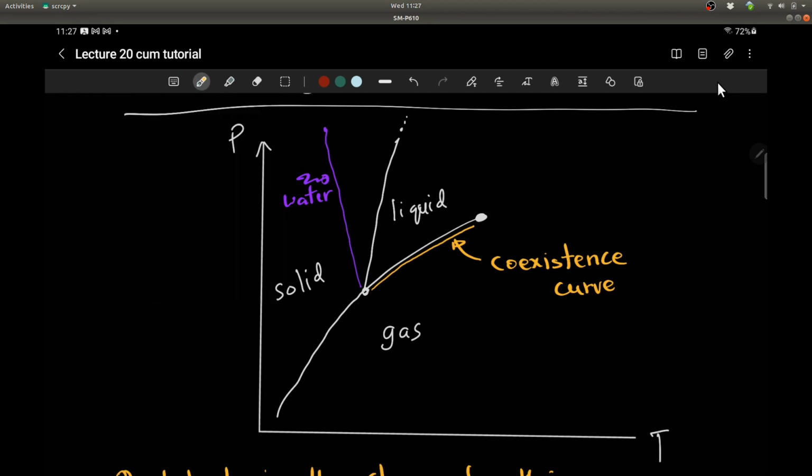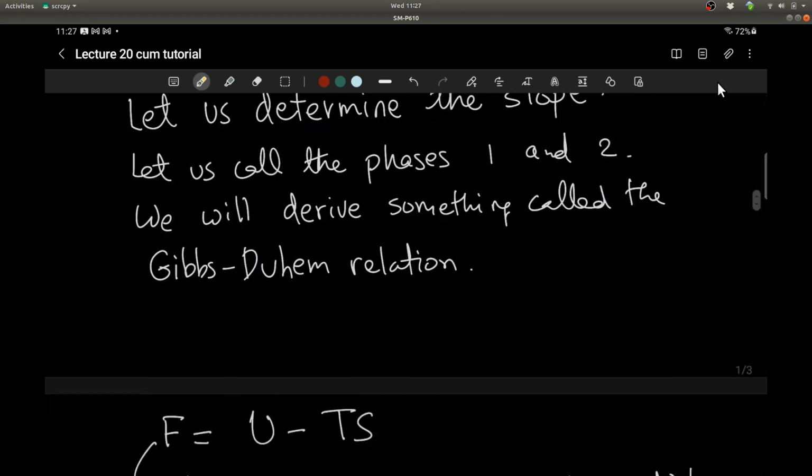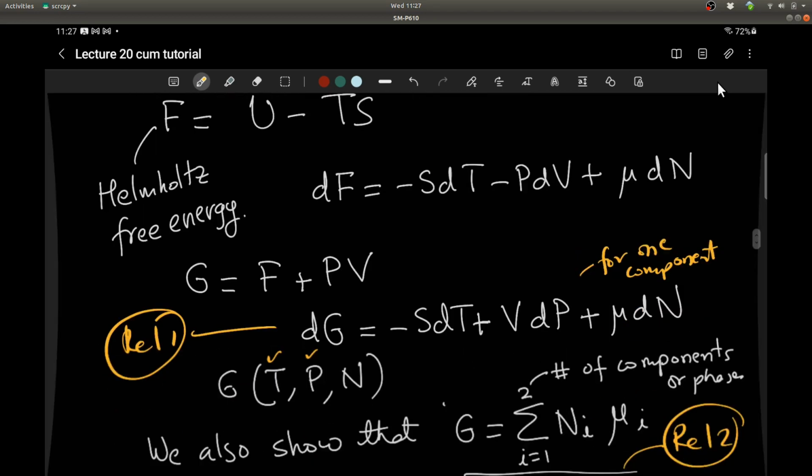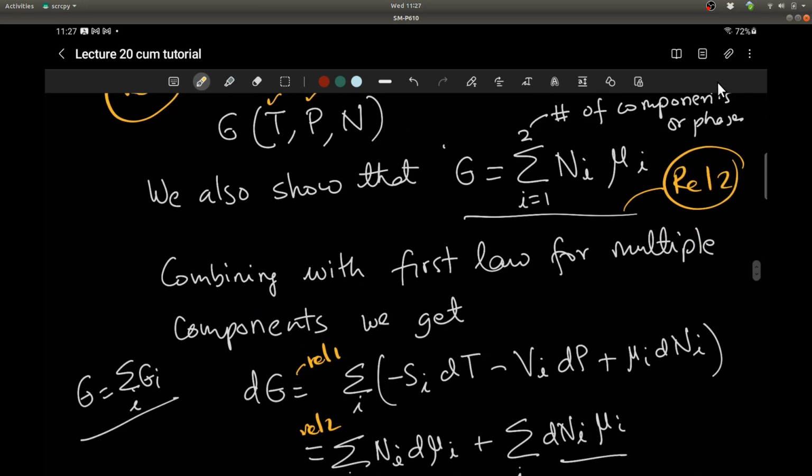One more feature you can see is that the liquid-solid line is closer to vertical, and the reason is that solids are usually a lot denser than liquids.